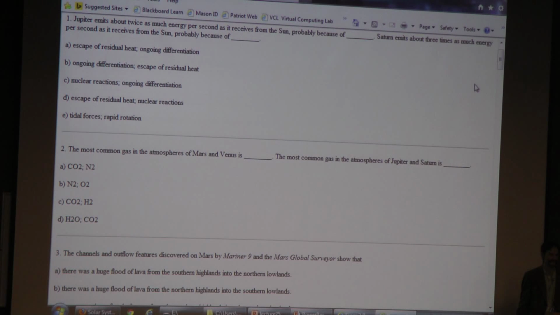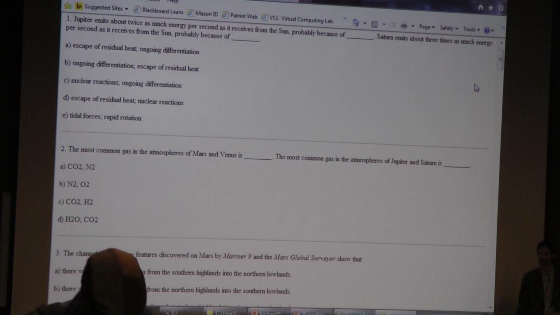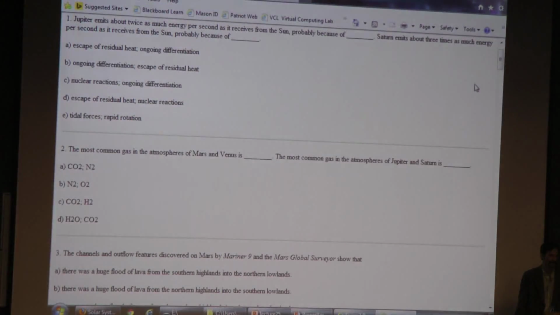Talking about Jupiter and Saturn in the outer solar system. Jupiter is known to emit about twice as much energy per unit time as it receives from the sun. Does anybody remember what the explanation for that is? It's a two-parter: we asked the same question about Saturn.